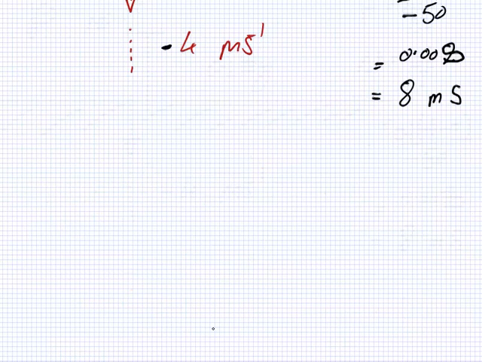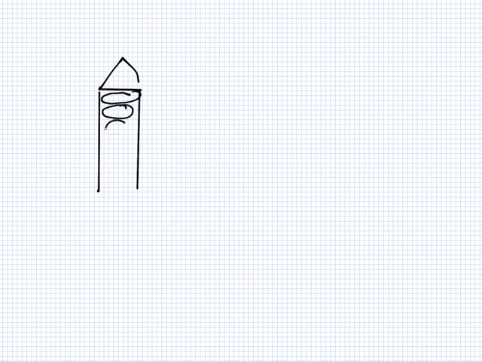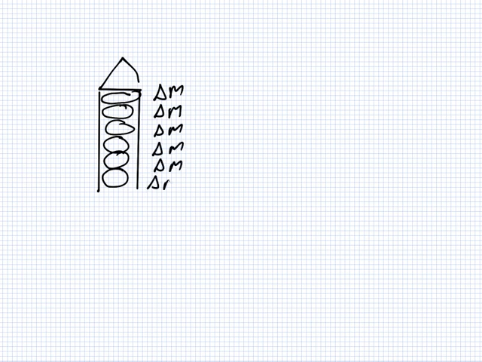Okay, so let's have a picture here. So here is our rocket, and the gas is inside of it. And in my head, I picture it like this. The gas is made of lots of pieces of gas, and each piece of gas I'll call delta M. And each delta T that passes, some of this gas comes out.